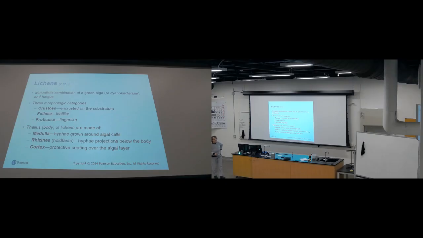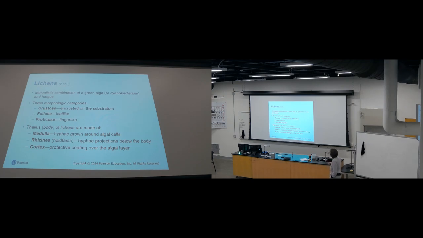Now for lichens. So lichens are specific forms of algae that are combined with fungus. It's green algae combined with fungus. Or it can be a cyanobacterium with a fungus.